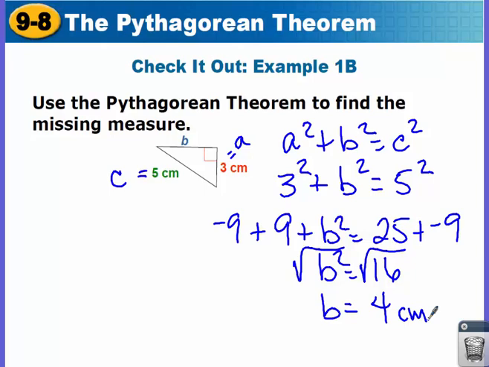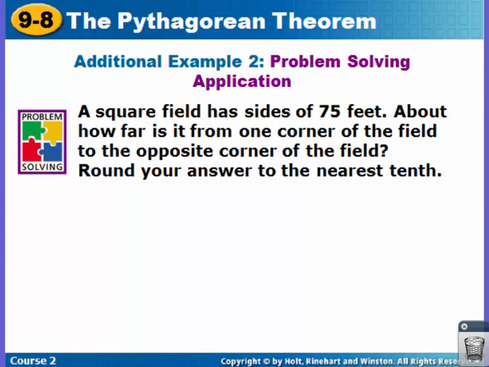Okay, and that is the second example of the kind of Pythagorean theorem problem where one of the legs is missing. Now you'll have one more type of problem that we've got to work with, and that is a word problem, where sometimes you have to draw your own picture. So this one says a square field has sides of 75 feet. So we draw that.